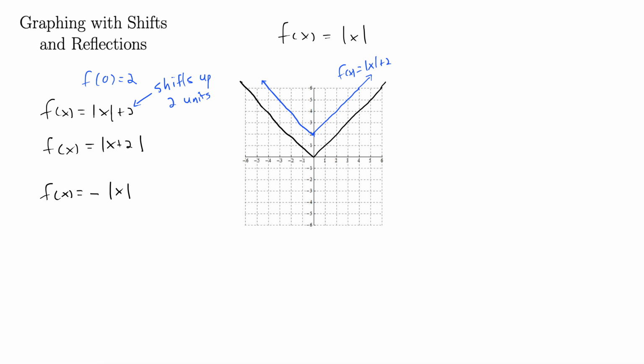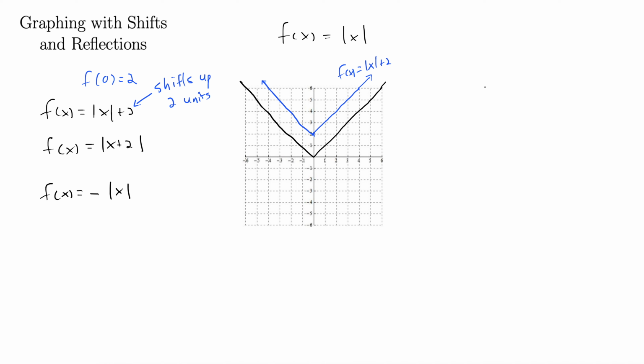All right, let's see what happens when we do absolute value of x plus 2, where x plus 2 is inside the absolute value. This one's a little harder. Your intuition may tell you, well, it's a plus 2, so it goes 2 to the right, but it doesn't. It actually goes 2 to the left.